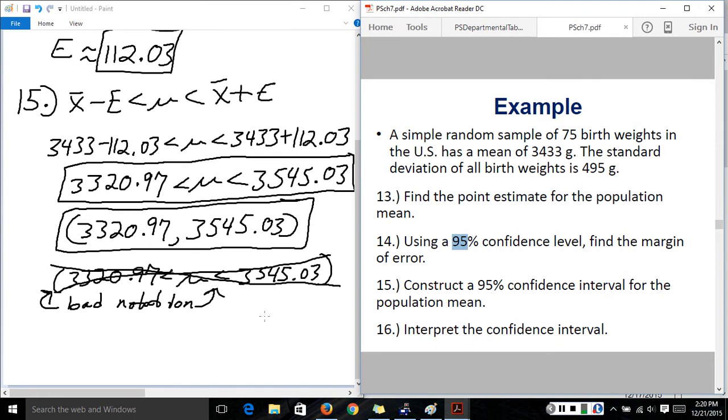Again, we're 95% confident because it's a 95% confidence level that the mean, because we're estimating mu, that's the population mean, U.S. birth weight, because that puts it in the context of the problem, of the scenario, is between the lower number, 3,320.97, and the upper number, 3,545.03 grams.